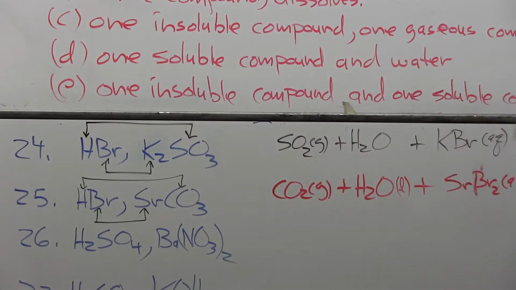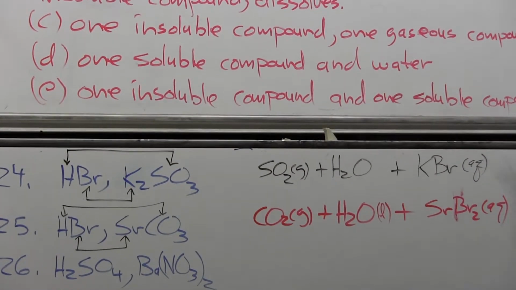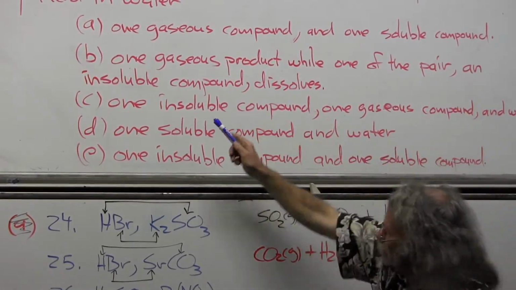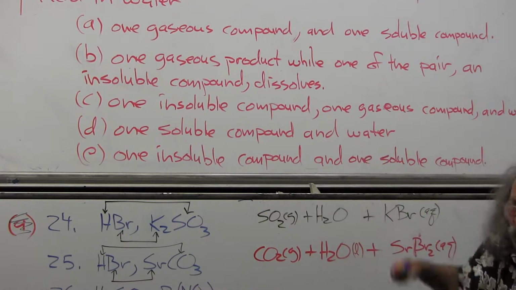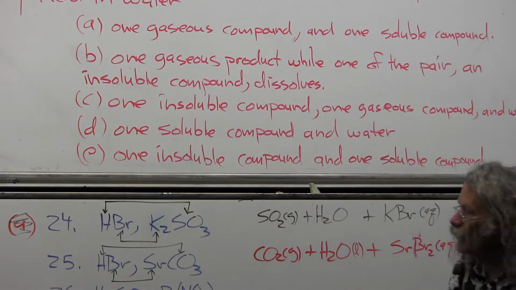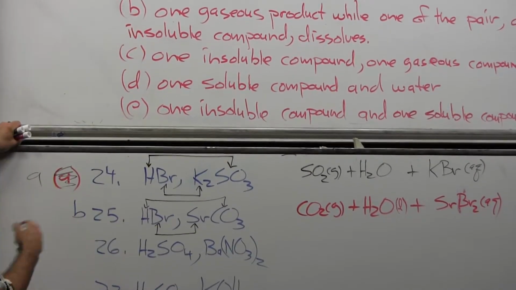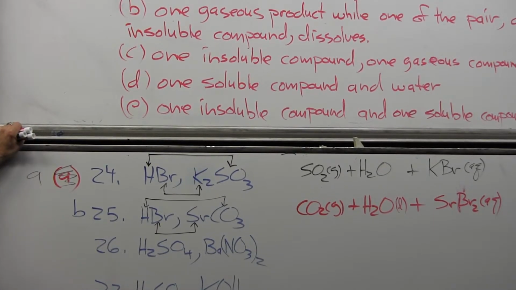It's soluble. So now, what best describes this? Well, here I've got a gaseous product, while one of the pair, an insoluble compound, that would be the strontium carbonate, dissolves. That is a feature that is definitely distinguishing it. This is going to be option B. So you'll fill in the bubble for B on your Scantron and write a little B by it on the test.